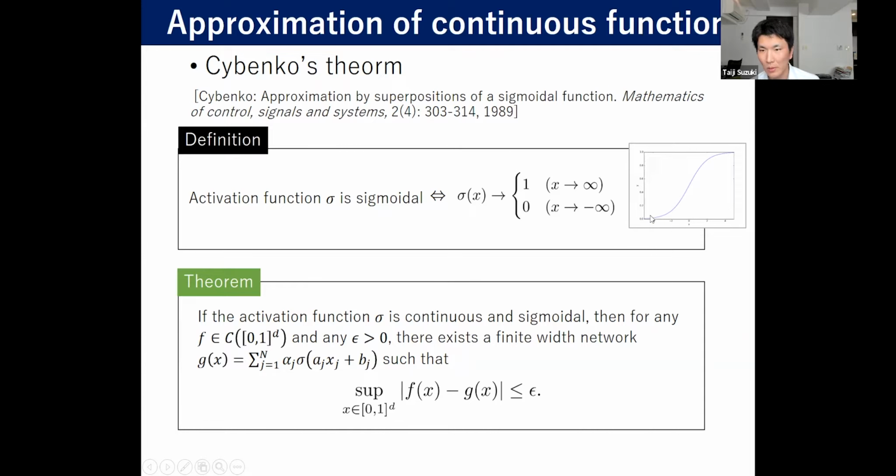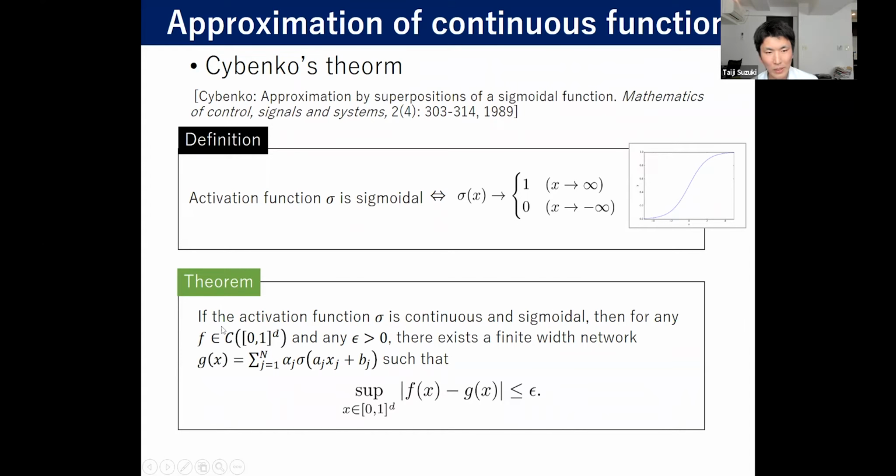But it is not restricted to such functions. The activation function can also decrease. We don't restrict ourselves to monotonically increasing functions, so a sigmoidal activation function can decrease like this. Anyway, if the activation function satisfies these conditions, it is called sigmoidal.